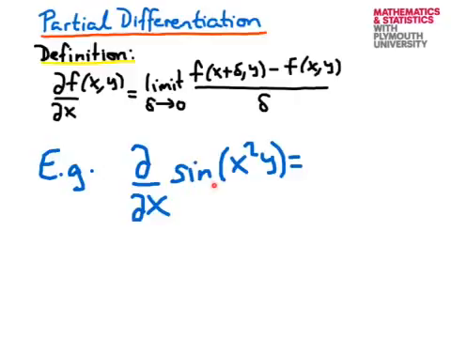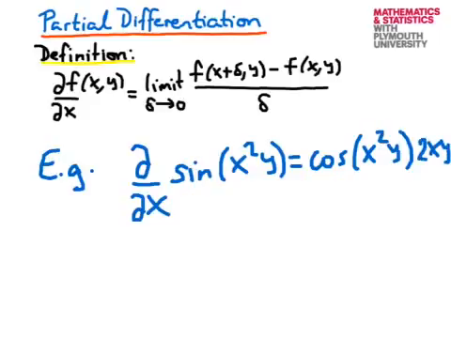So what we have is the sine function of x squared multiplied by something, and we know how to differentiate this using the chain rule. The derivative of the sine function is the cosine function of x squared y, and then we multiply this by the derivative of what was in the argument here, and the derivative of this with respect to x, the partial derivative is, I bring the 2 down, I have 2x times y, so I'll just say here 2xy.